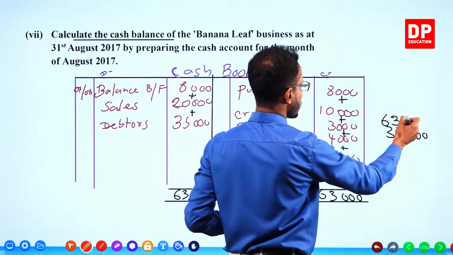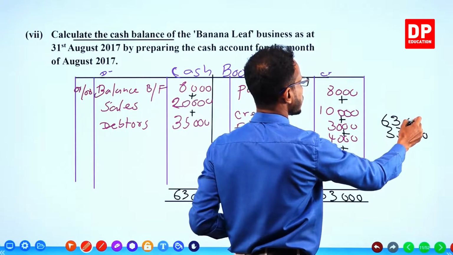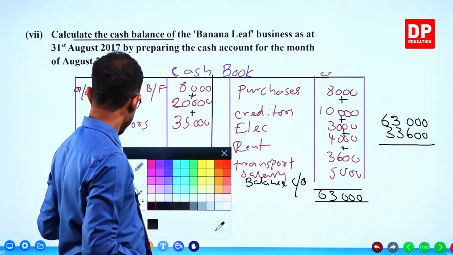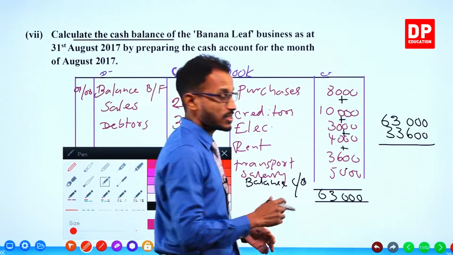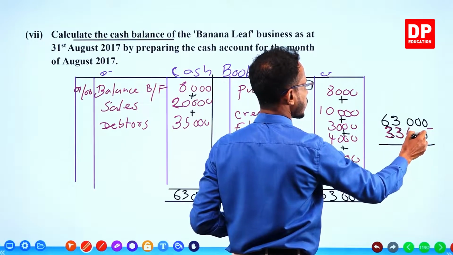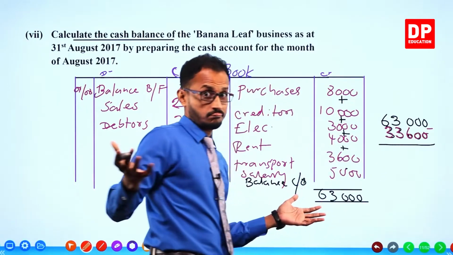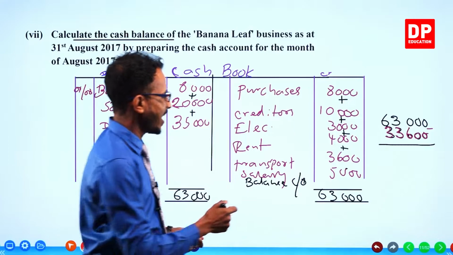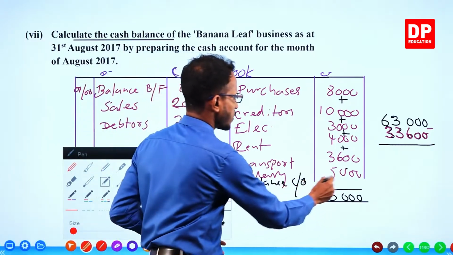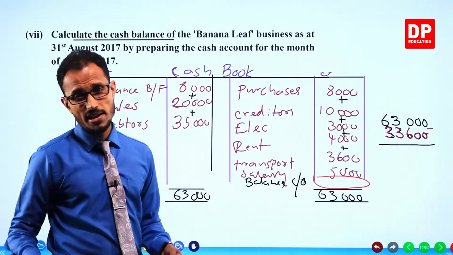You must subtract it from 63,000. That is the answer, the balance of the cash book. Do it yourself and mention the balance right here. That is your cash balance.